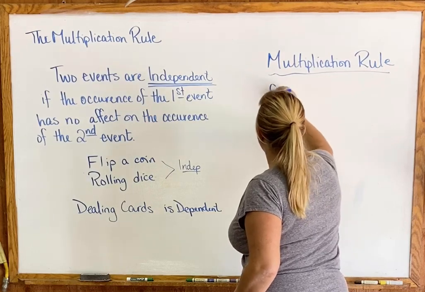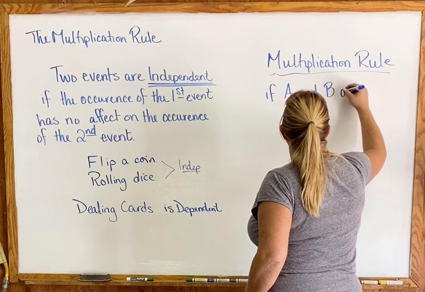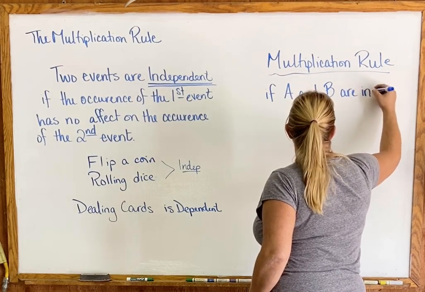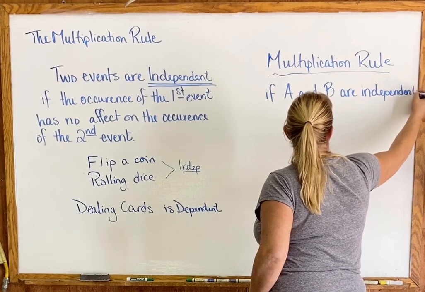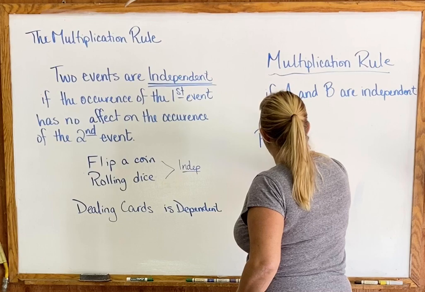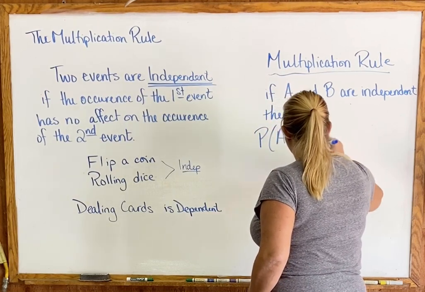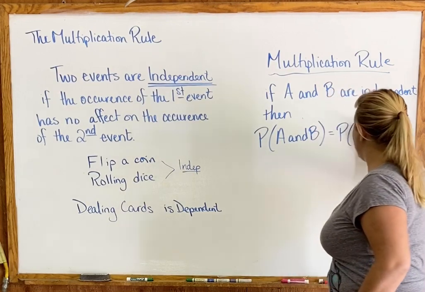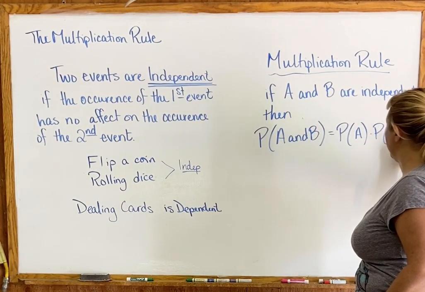This says, if A and B are independent, then the probability of finding A and B is equal to the probability of A times the probability of B.